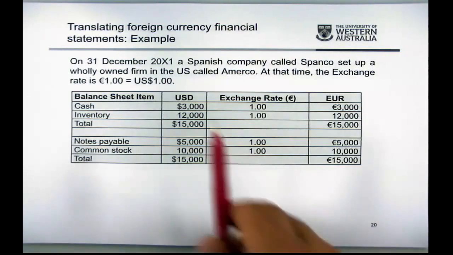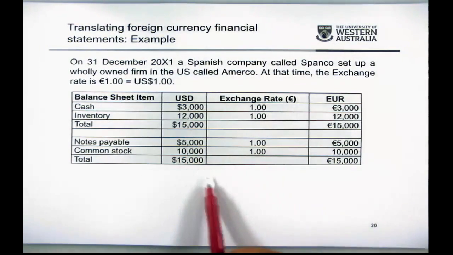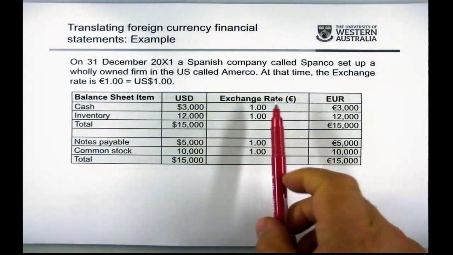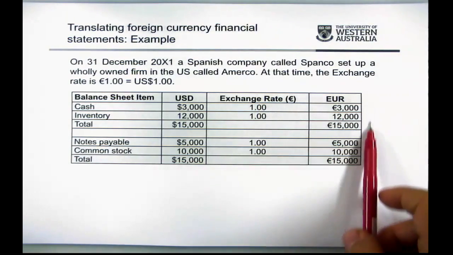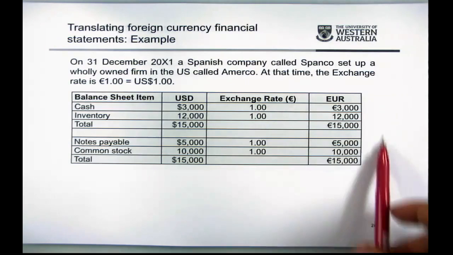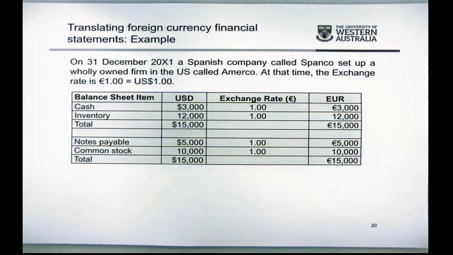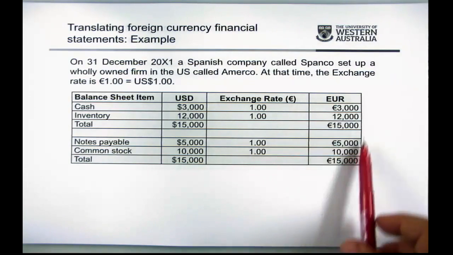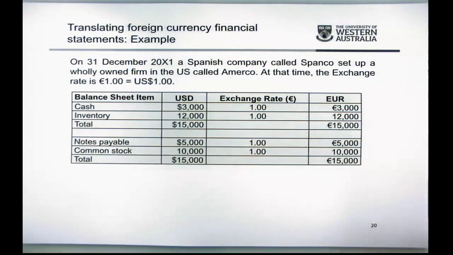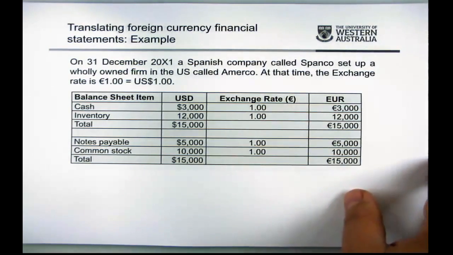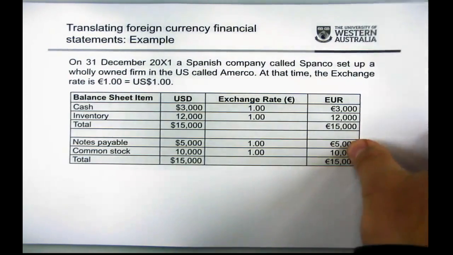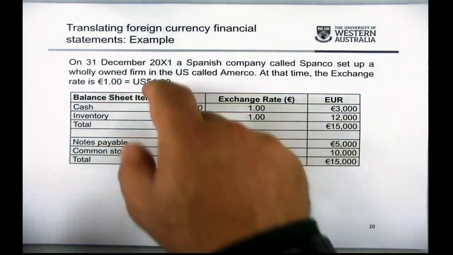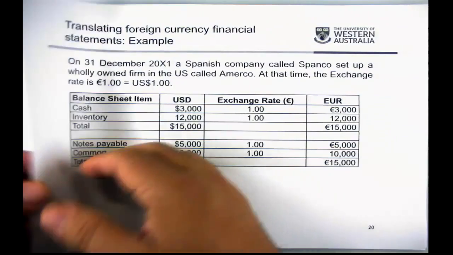Okay, so this is the balance sheet in US dollars, and using the exchange rate at that time, this is the corresponding balance sheet in euro. Because the exchange rate was 1-to-1, we have the same numbers here and here. Makes sense? Now let us see what happens when there is a change in the exchange rate between the two currencies.